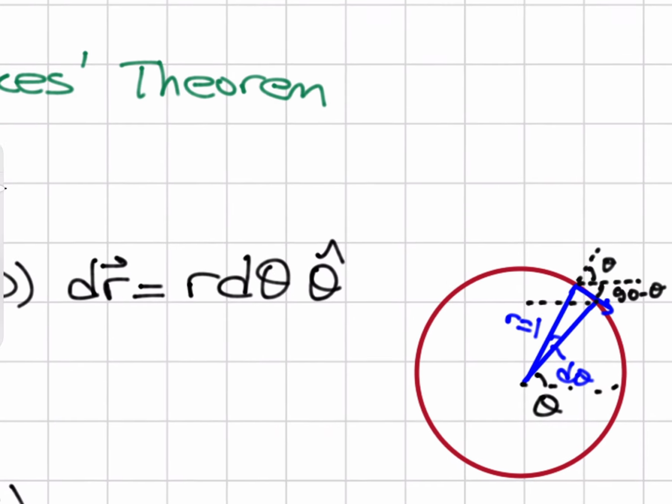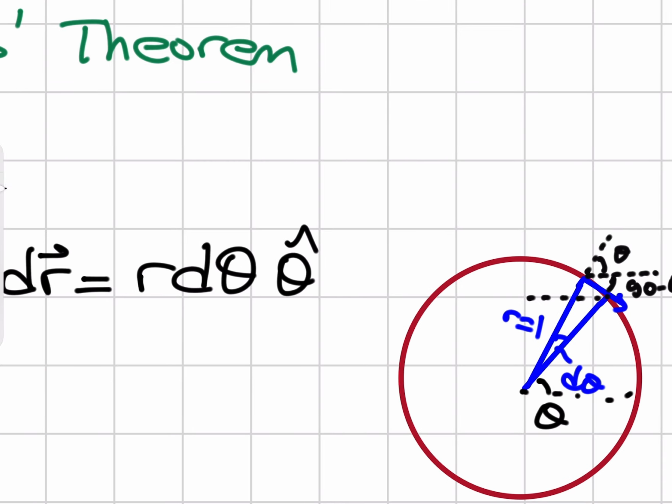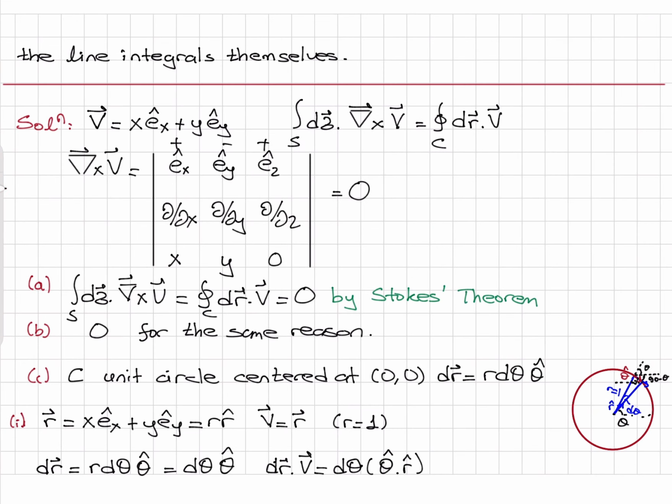So what is theta hat dot r hat? Here is my r hat unit vector, and here I have the theta hat unit vector, and they are perpendicular to each other. The angle is 90 degrees, so that dot product is 0.